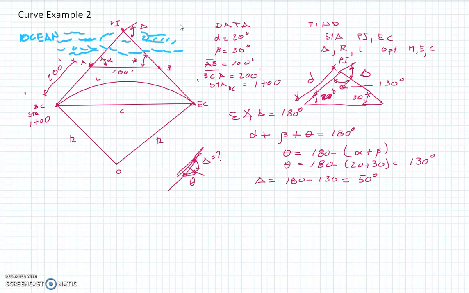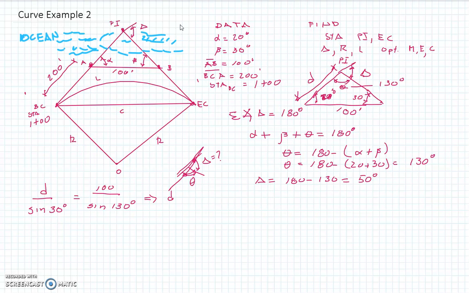Now remember the sine law: D over sine of 30 degrees equals 100, which is this side of the triangle over here, over sine of theta, which is 130 degrees.